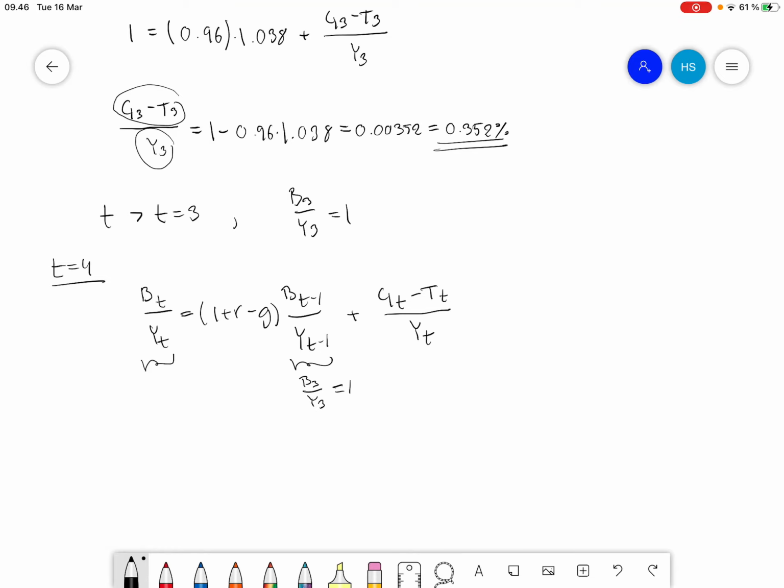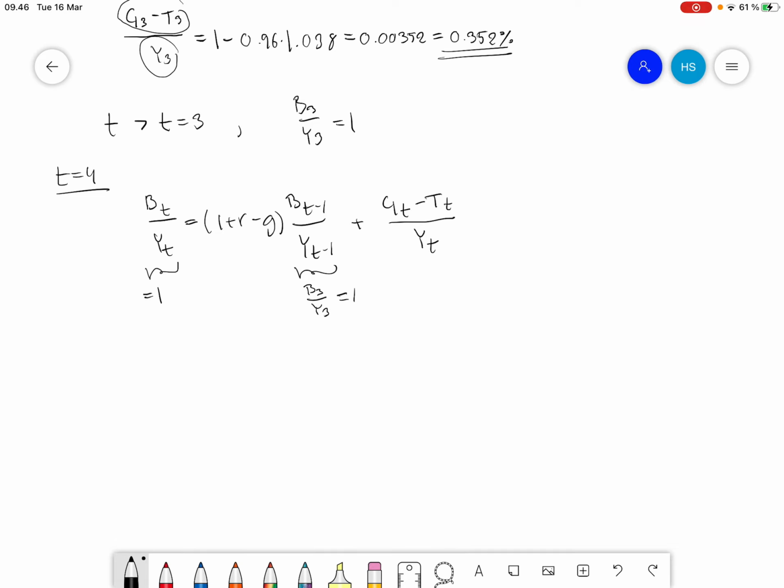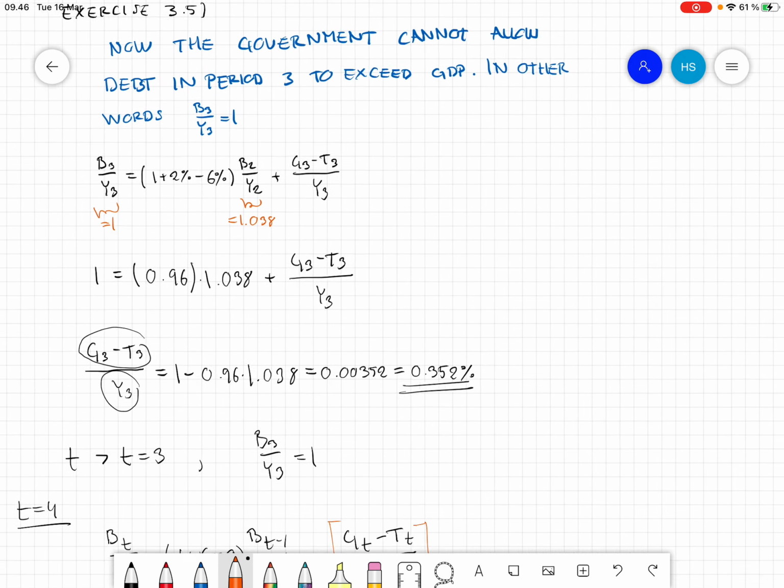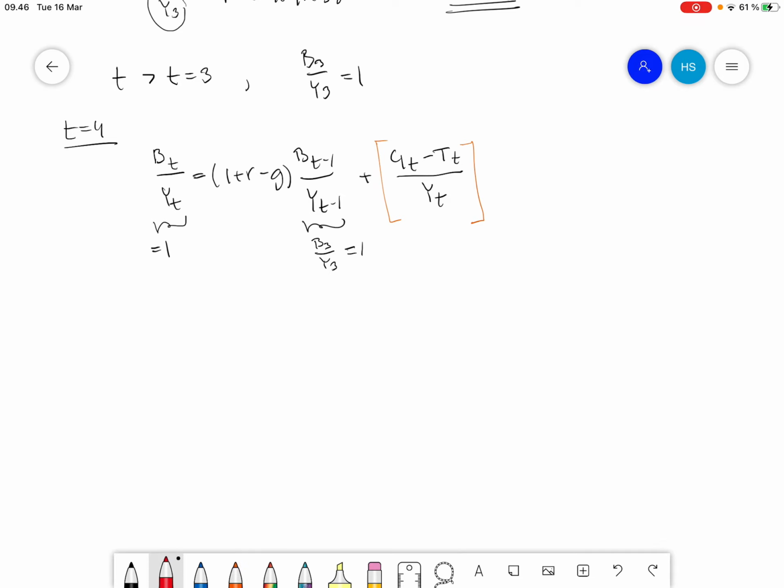And we know that we need to maintain the same real debt to GDP ratio in all periods after period 3. So this one should be equal to 1. So in order to find the primary deficit that is required to maintain the debt to GDP ratio of year 3, where debt can no longer exceed GDP, we rewrite our equation. We write that 1 should be equal to 0.96 times 1 plus this GT, which is the primary deficit in some future periods from the perspective of period 3.